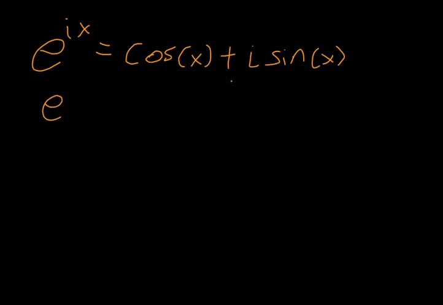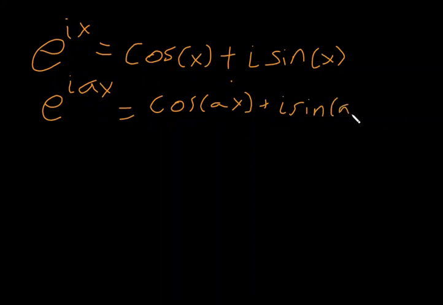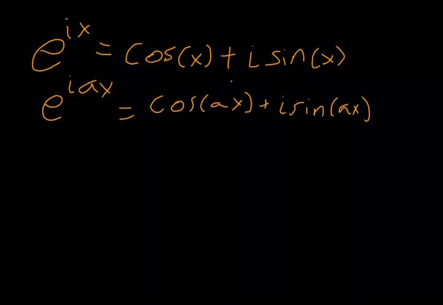But if we're talking about it as a variable, it's sometimes useful to talk about e to the iax, where instead of x, you're plugging in ax, so that's cosine of ax plus i sine of ax. All right, and now this is not a proof of the formula, but just something to show you that it does work, at least in certain situations, and it will work in all situations.